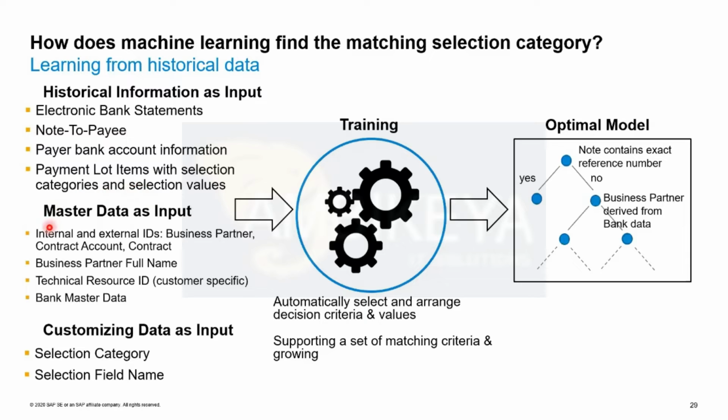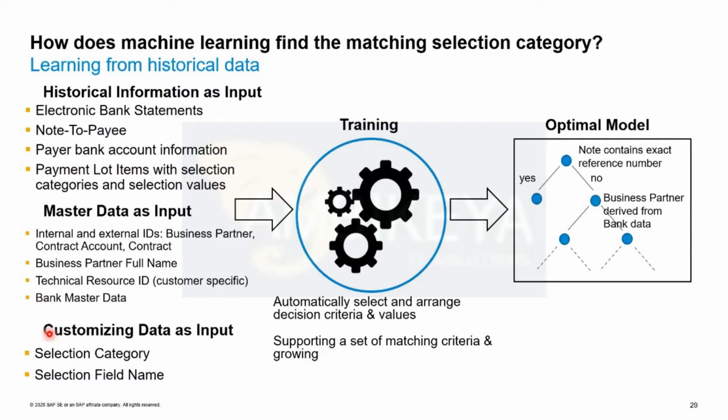We learn, as well as from master data, which is the business partner, internal, external business partner ID, and the contract account or the contract or bank data. And as you can see, only partially the data is the same for FIAR, and that's why we need really FICA data which we can learn from.